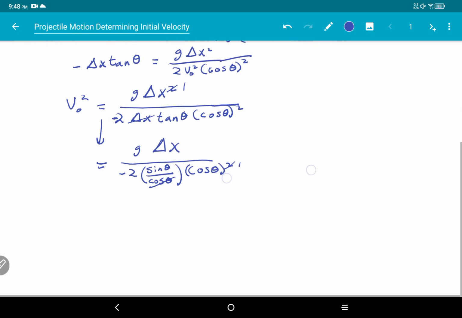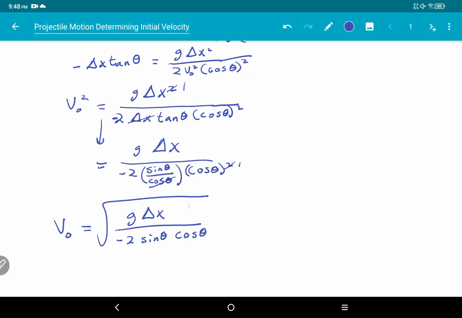Bring this up again. And now we have V naught is equal to the square root of g delta x over 2 sine theta cosine theta.